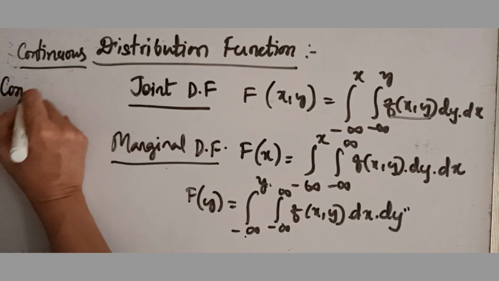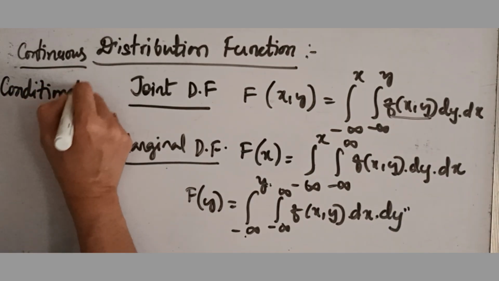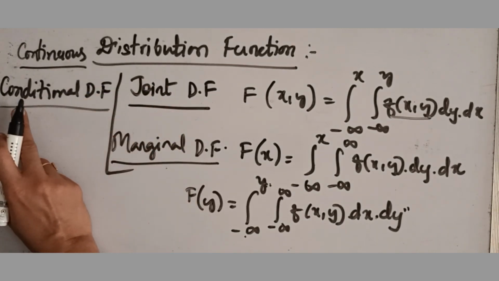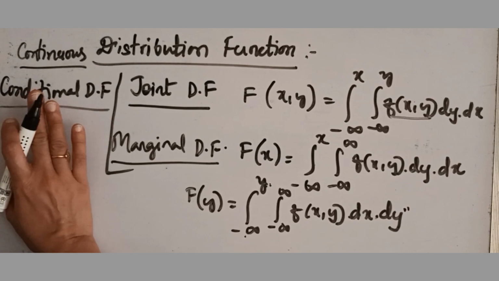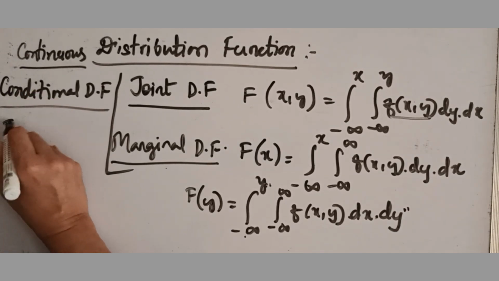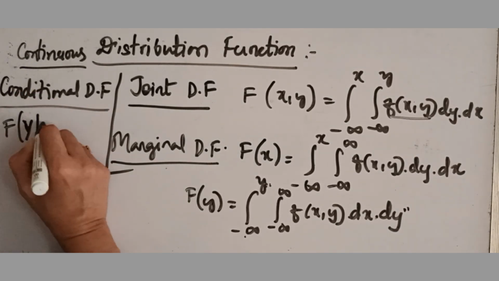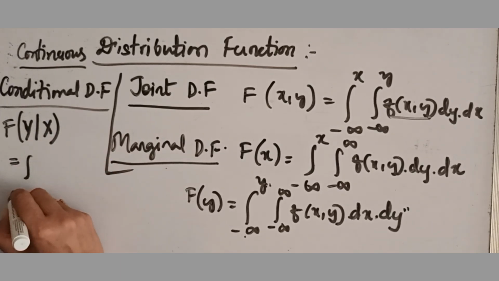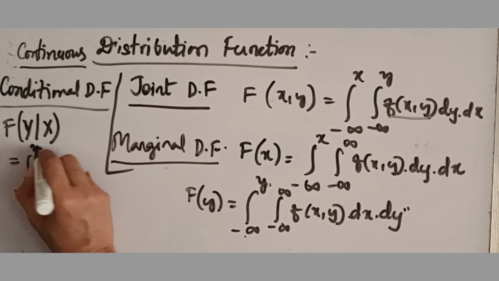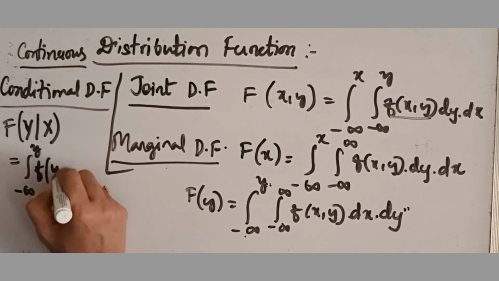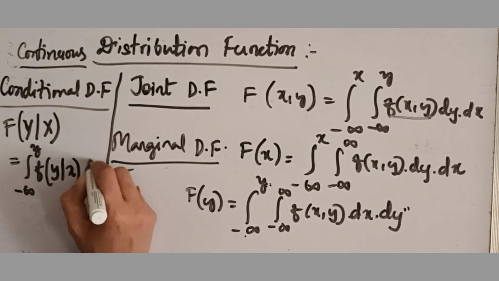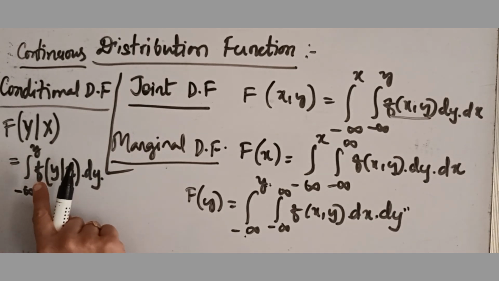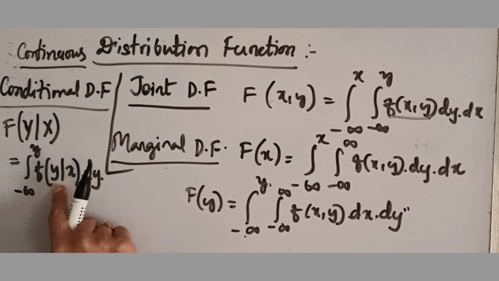Here I'll write the conditional distribution function. So, the conditional distribution function of y given that x equal to x is denoted as F of y given that x equal to x, which is equal to integral from minus infinity to y, f of y given that x has occurred, with respect to y. Here I am using the conditional probability density function.